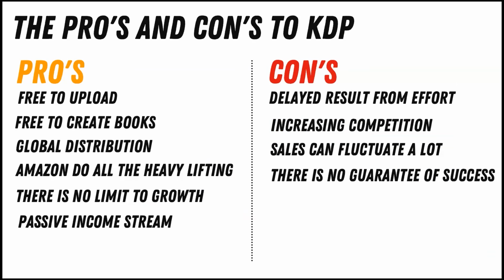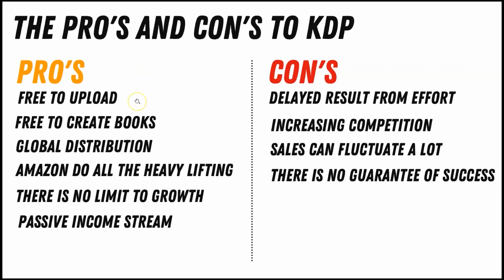The pros and cons. So why do I like KDP, and what issues could you potentially come up against? So let's look at the pros. With KDP Publishing, it is free to upload your book. You do have other platforms, for example, like Ingram Spark. I've used them previously, and it's another global distribution partner to Amazon, actually.